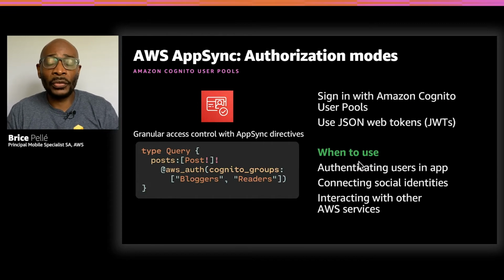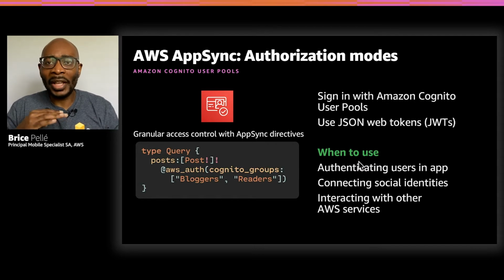And with the Cognito access mode, you can also implement granular access control with AppSync directives. So what you see here, for example, is a post field on my query type. And I'm using the AWS auth directive to specify which Cognito group should have access to this post.